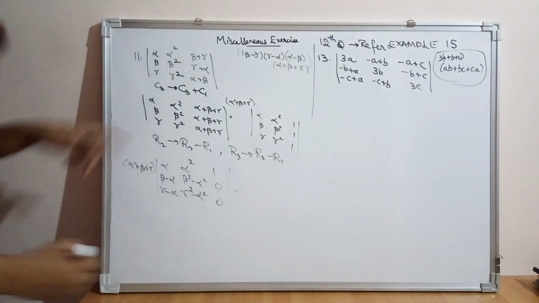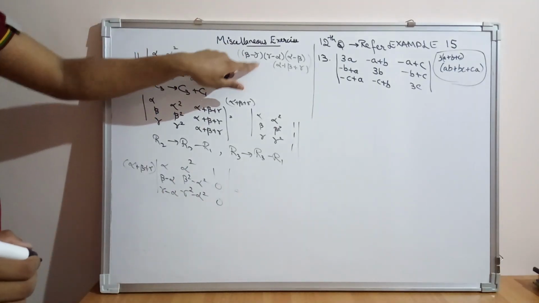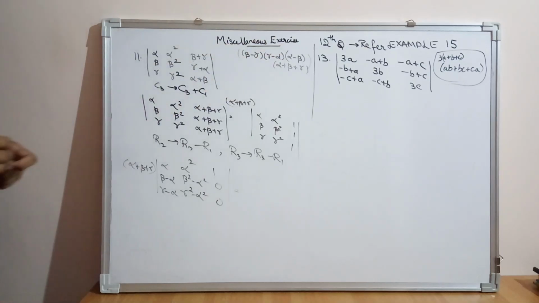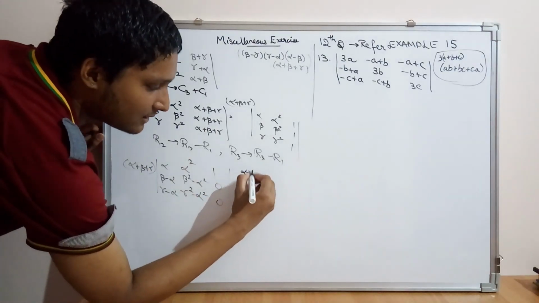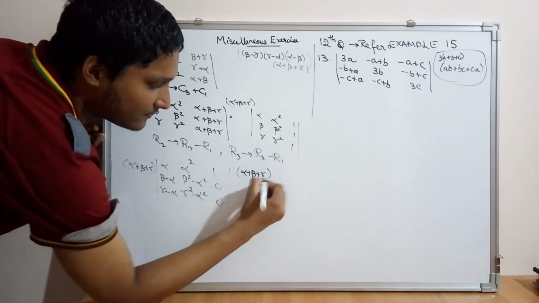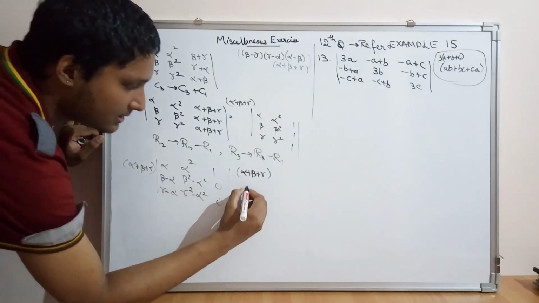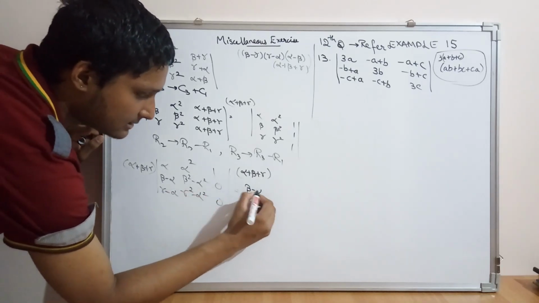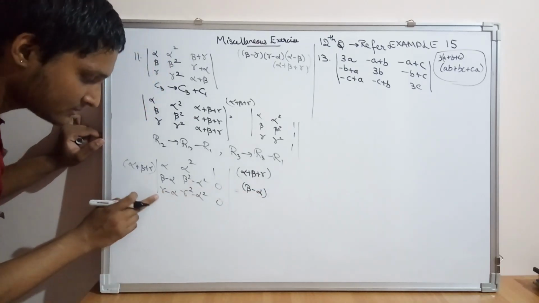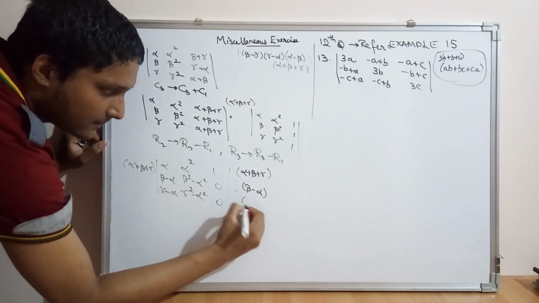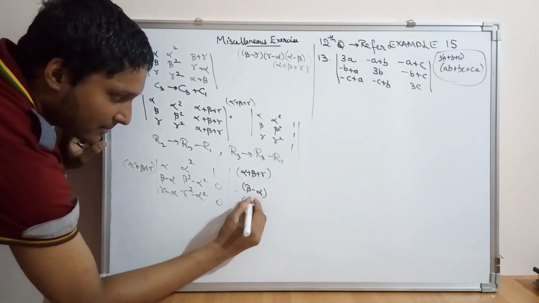Since we need beta minus gamma, gamma minus alpha and all, one thing we can do is remove the factors first, rather than expanding and doing all those things. So we'll keep alpha plus beta plus gamma here. Okay, we'll remove beta minus alpha from the second row. From the third row I'm going to take gamma minus alpha.